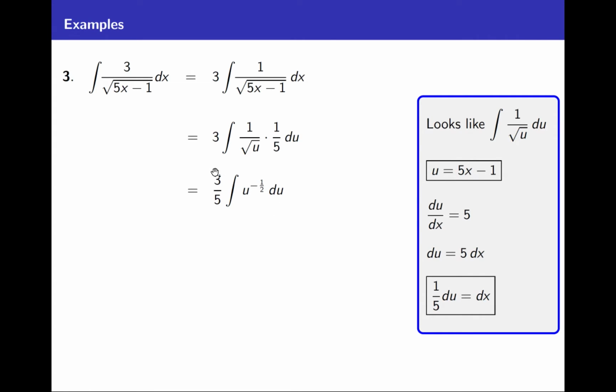And so we get this simple integral here that we recognize immediately as one that we could do with the power rule for integration. So carrying out that plan, we have our 3/5 coming down. And the integral of u to the power of minus 1/2 is going to be u to the power of minus 1/2 plus 1 divided by minus 1/2 plus 1. And then plus the ubiquitous c.